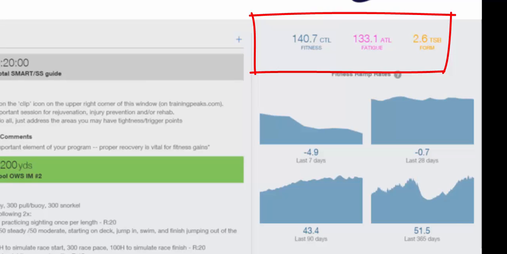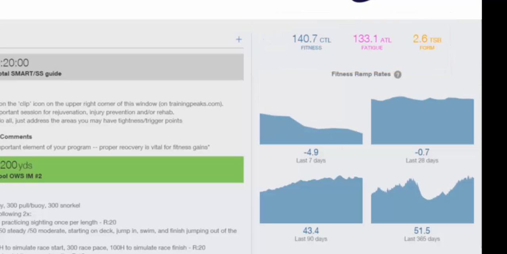Fatigue is 133.1 points, which is all the training stress scores accumulated up to date divided by 7. And then form is the difference. Not the difference between these two, but the difference of how much training you have done over time, divided over a specific algorithm that the software has, and that's how it comes up with this number.